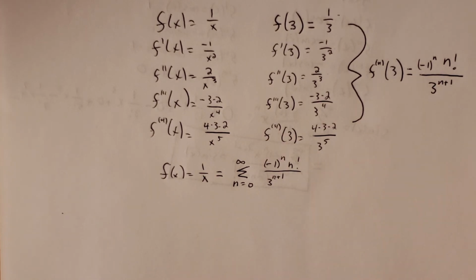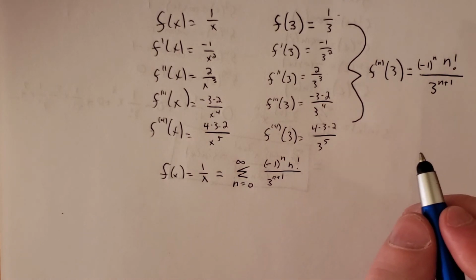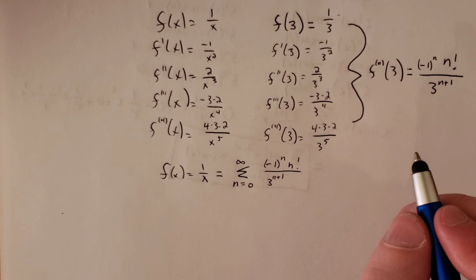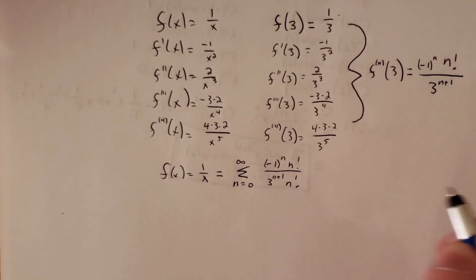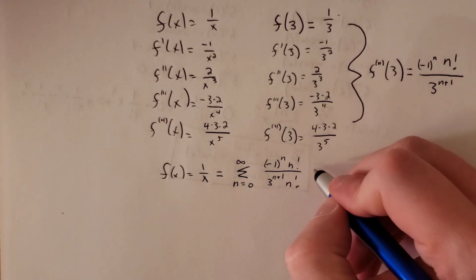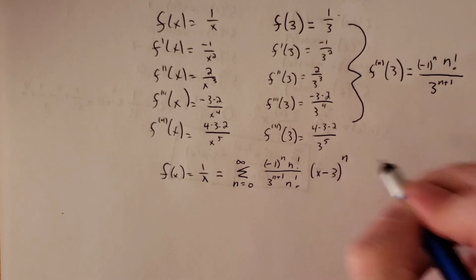But remember, we also divide by n factorial. So we divide by n factorial there, and we have x minus 3 to the nth power as well.